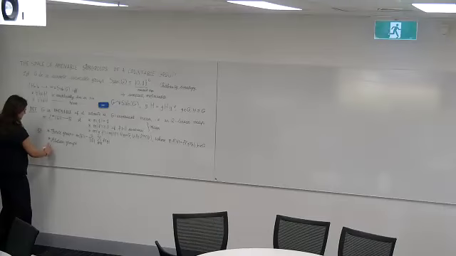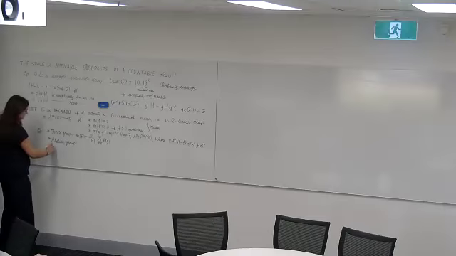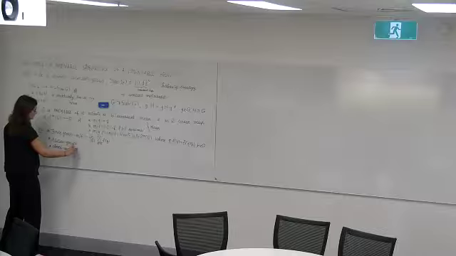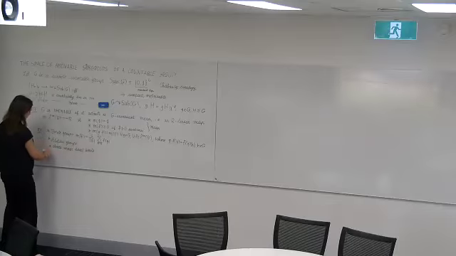And then amenability also has some very nice stability properties. So for example, it's a property which is closed under direct limits. It's a property which is closed under group extensions.